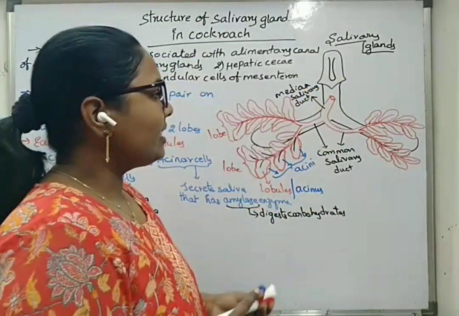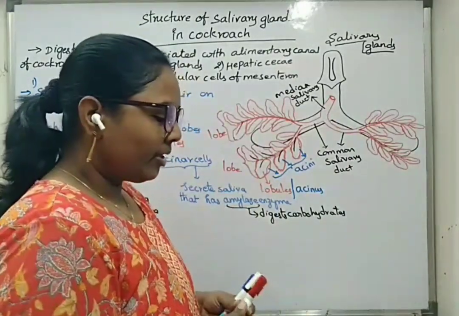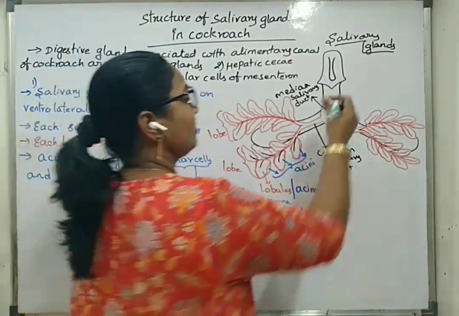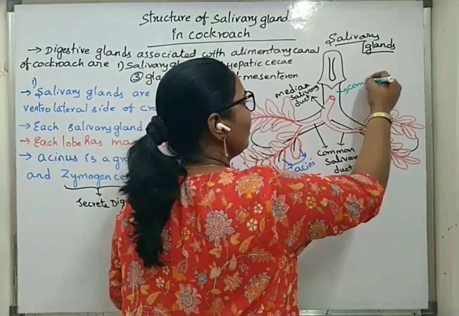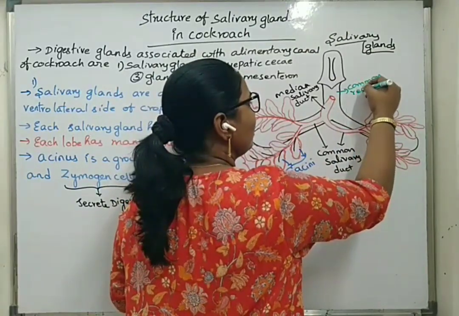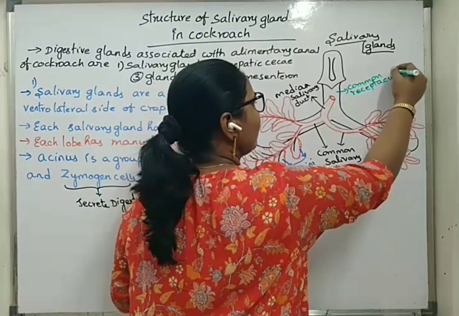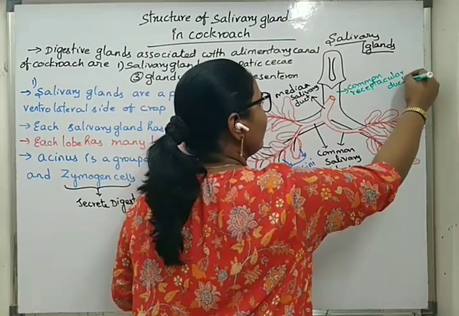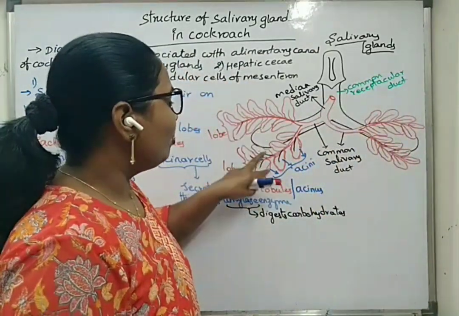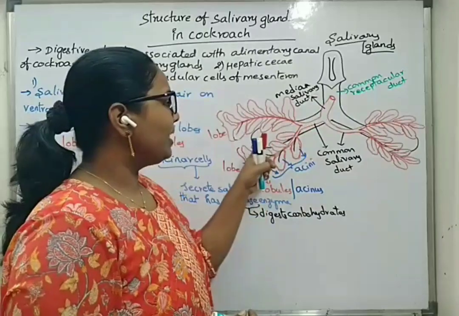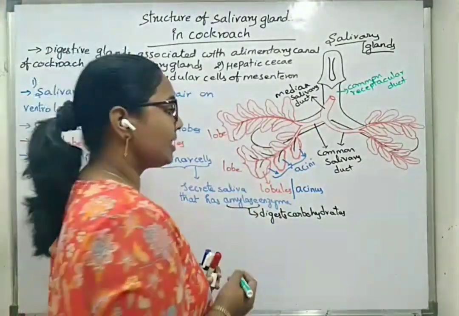Now, this median salivary duct opens into a common receptacular duct. So this is common receptacular duct. Now we will say about that. Between two lobes, there is one big sac-like structure that is called as receptacle.